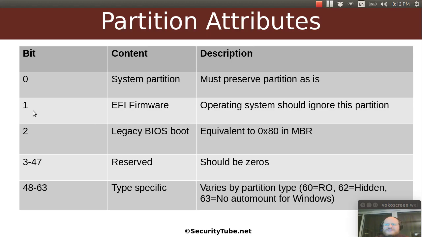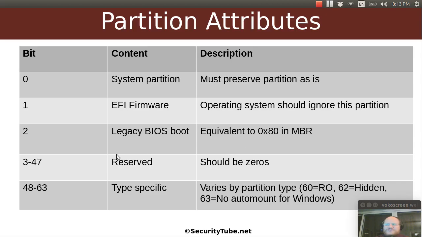If the second bit is set, that says this is an EFI firmware partition, so don't change it, but just plain old ignore it. If the third bit is set, that is the same thing as having hex 80 as the first byte in your master boot record. That's the way of saying this is a bootable partition.